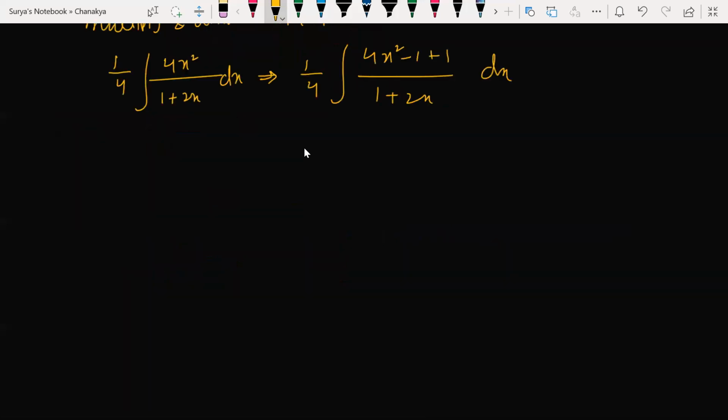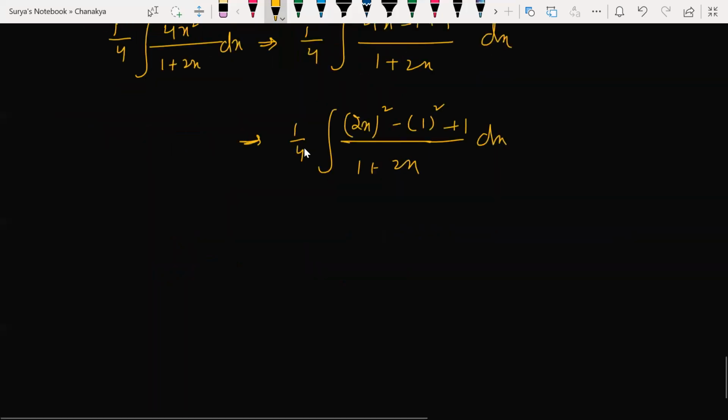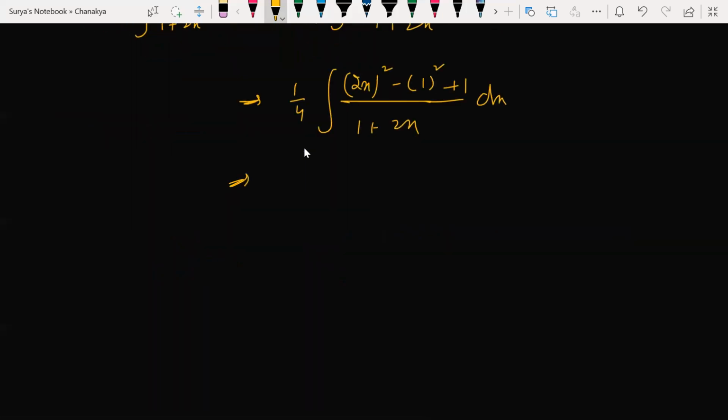Very simple, guys. Now 1 by 4. Now this can be written as 2x whole square minus 1 square plus 1 divided by 1 plus 2x. Correct? Into dx. Now split that: 1 by 4, 2x plus 1 into 2x minus 1, plus 1 divided by 1 plus 2x.